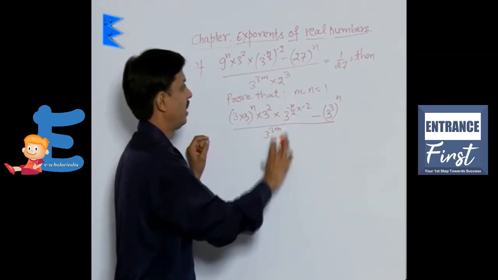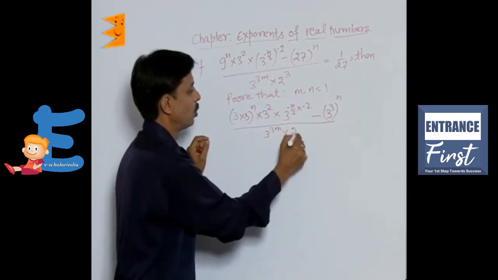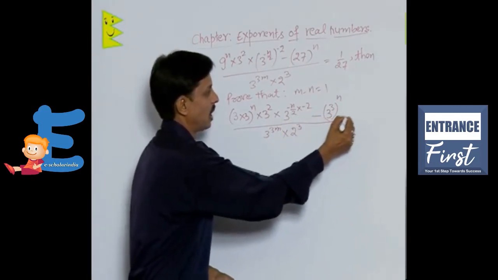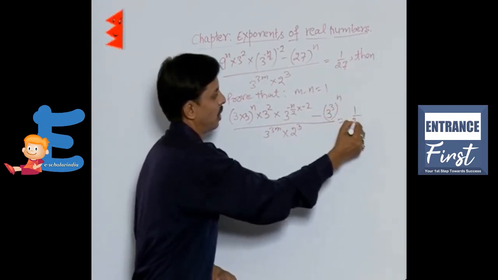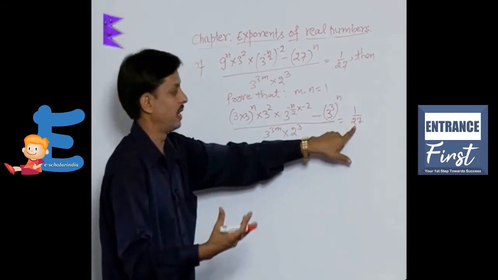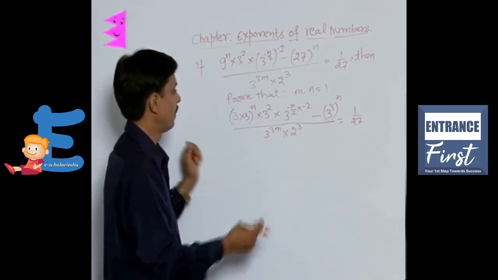So I cannot add, because the bases are different. This will remain 3 to the power 3m into 2 cubed. And this result is equal to 1 upon 27, or this 27 can also be written as 3 cubed. Never mind, we can change it in the next step.